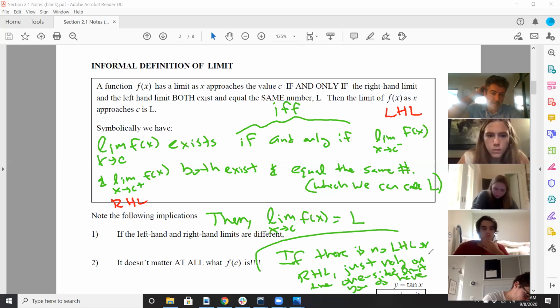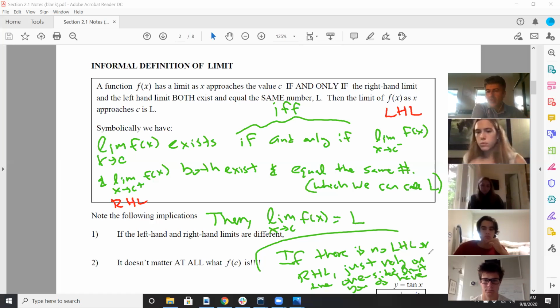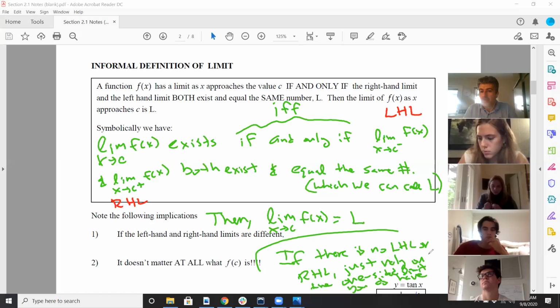Because what if you don't have an LHL, you only have an RHL. You still say the limit exists, but you just use the RHL, that's it. Or let's say you don't have a right hand limit, you have a left hand limit. That's okay, it still exists, just use the left hand limit. So you just use the appropriate one side limit that you do have. But if you have both, you gotta make sure they equal the same number for the limit to exist as x approaches c. If they don't approach the same number, then forget it, the limit does not exist.